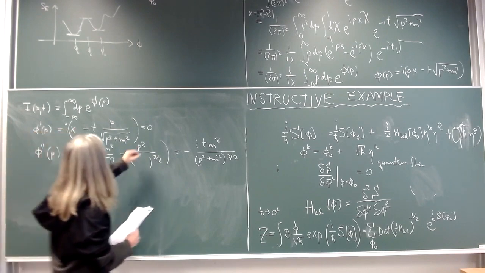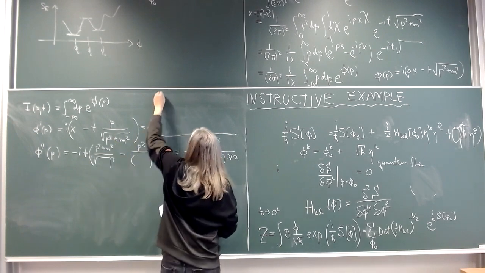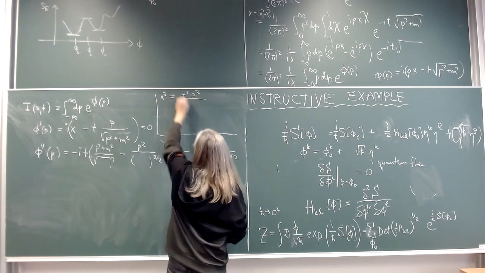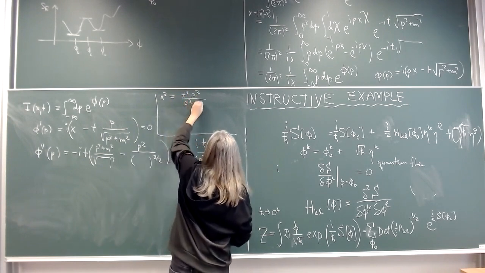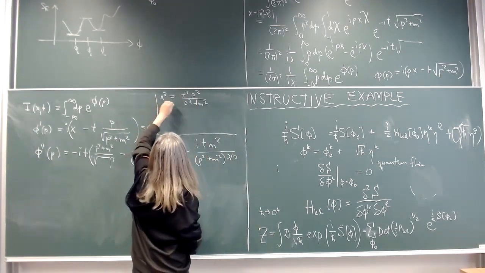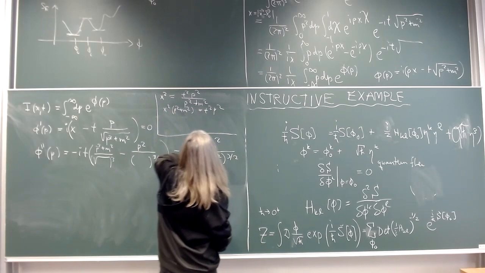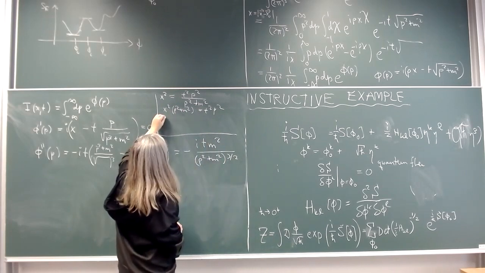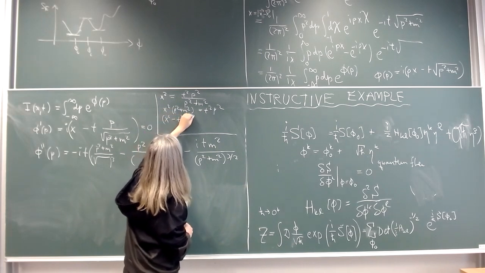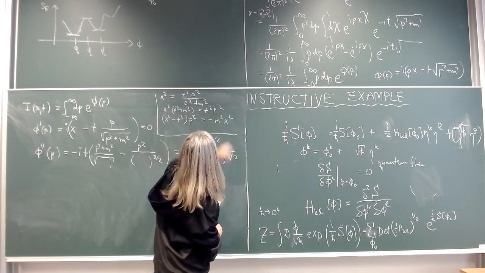So apparently this is when x squared should be equal to t squared p squared over p squared plus m squared, and then x squared times (p squared plus m squared) equals t squared p squared, and then I put this on the other side, I get (x squared minus t squared) p squared equal to minus m squared x squared.